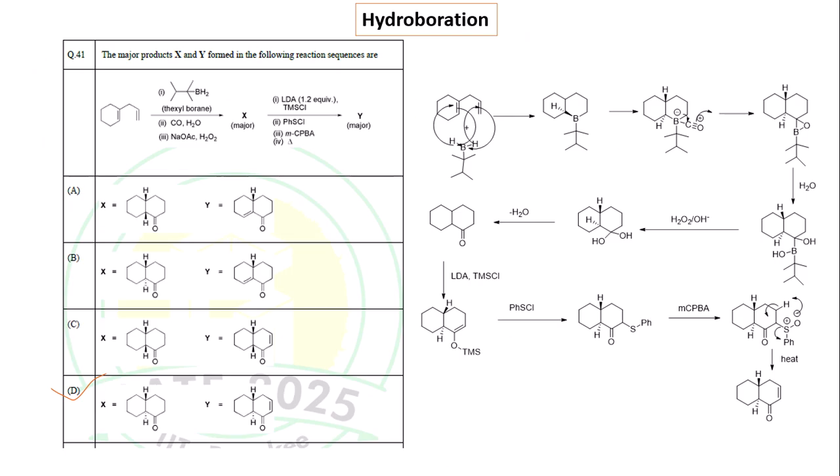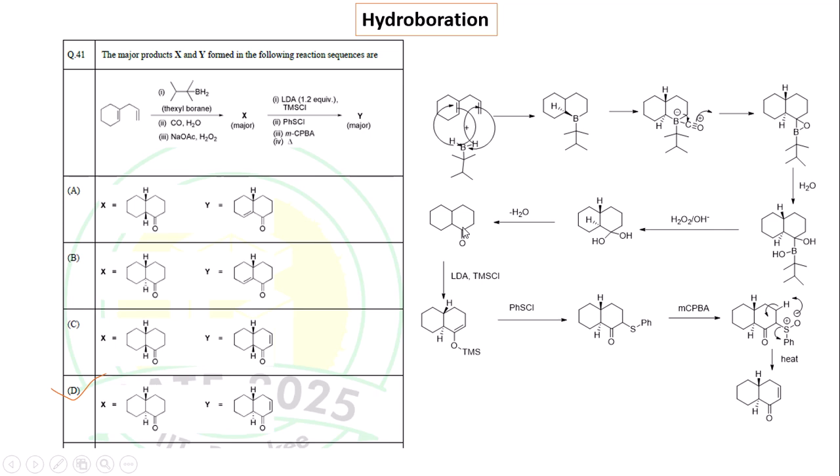Next is the hydroboration problem, where a thexyl borane has been used for the hydroboration reaction, where the hydride is shifted to the terminal of the alkene system to give the alkyl boron compound, a cyclic borane. This alkyl boron has a vacant p orbital, so carbon monoxide can add to the boron atom, and after the reaction and cleavage of this boron intermediate it produces the gem diol intermediate, and it gives the carbonyl compound.